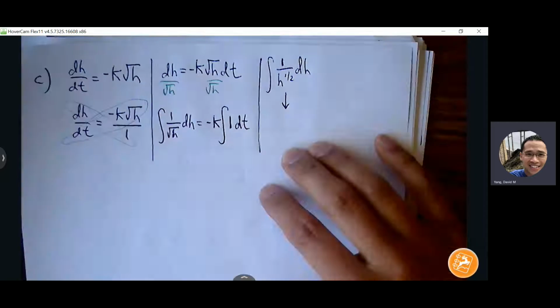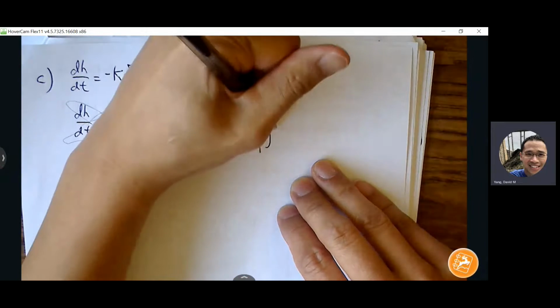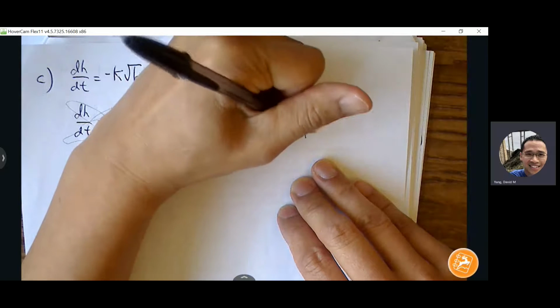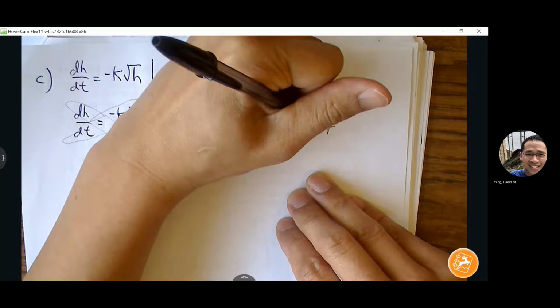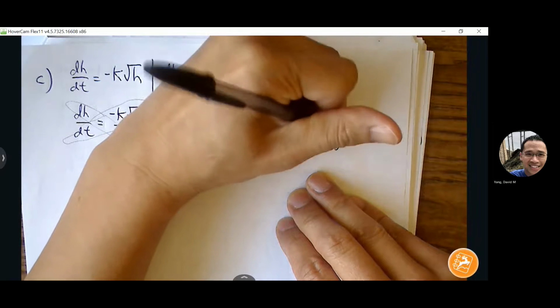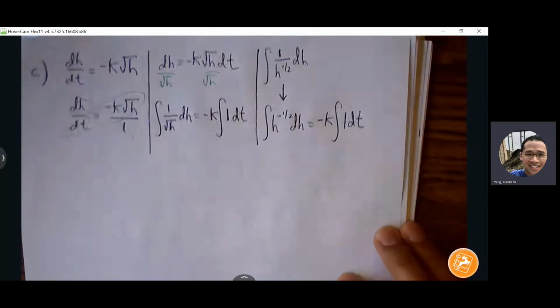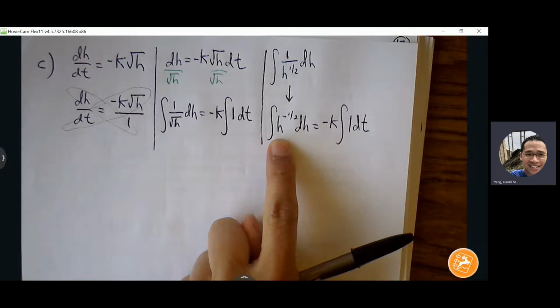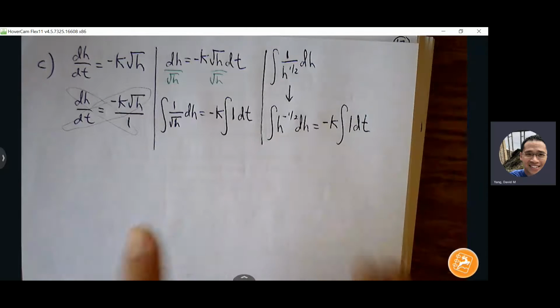Continue rewriting it to get it ready for the power rule. Okay, so now we're ready. Power rule: add 1 to the exponent, divided by that new exponent.